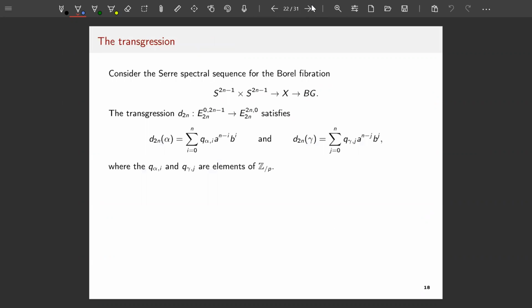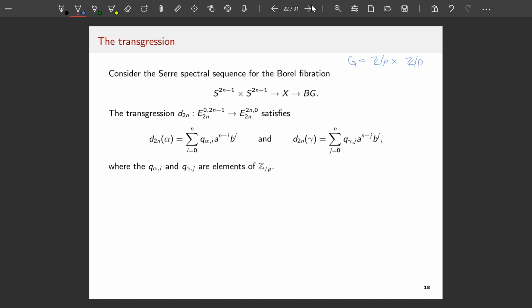Okay, so since everybody loves seeing spectral sequences in talks, I want to say a little bit about the spectral sequence for this. You can consider the Serre spectral sequence for the Borel fibration. So we can look at S^(2n-1) cross S^(2n-1), mapping into our quotient spaces, mapping into BG. So G again is our Z_P cross Z_P.